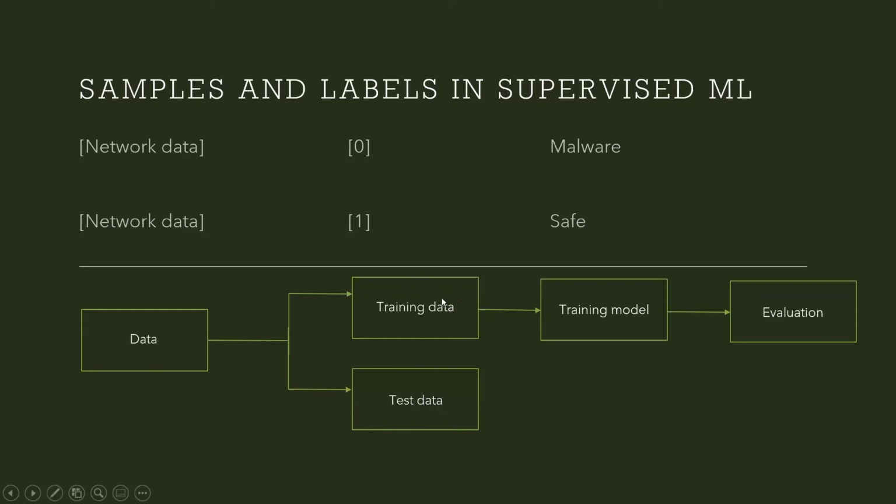And then using the training data in supervised machine learning, we'll be creating a training model that will help us make a prediction. Then on the test data, we apply the training model to make a prediction about the test data. And then basically in the evaluation stage, we are just checking if the prediction is actually true, because we have the test data, right? We know what the result or what the output has got to be for the test data.